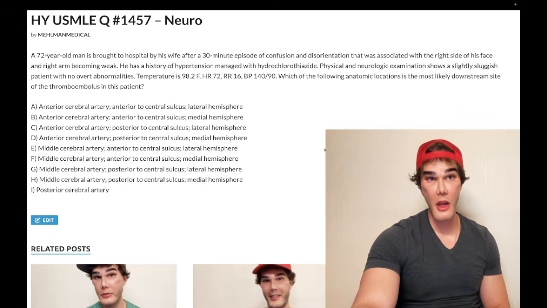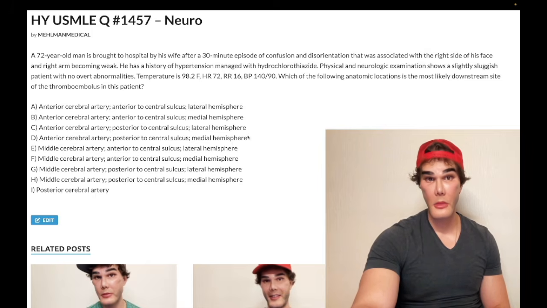And then the right side of the brain, non-dominant MCA, is your hemineglect, where they can't draw the clock face properly. Posterior cerebral artery is going to be two things in USMLE. It's going to be prosopagnosia, inability to identify faces. If it's the first time you're hearing it, it sounds weird, it's buzzy. The second thing is contralateral hemianopia with macular sparing.